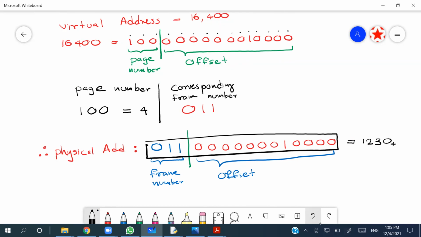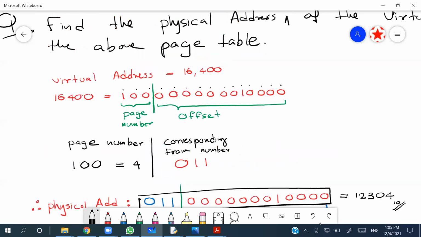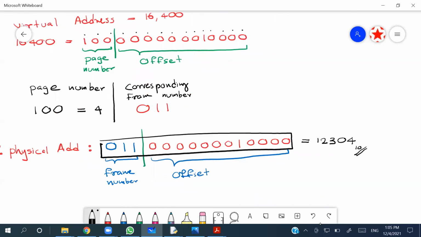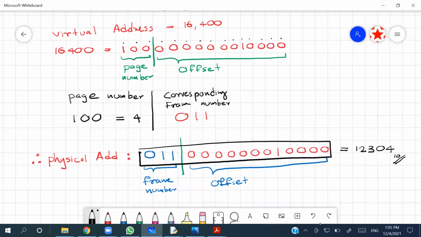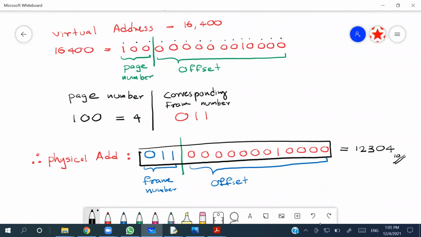I'm sorry. So that means the 16,400 virtual address will be mapped to the 12,304 physical address. Yeah, is that clear? Duli, Divyangana, Nikini, is that clear?